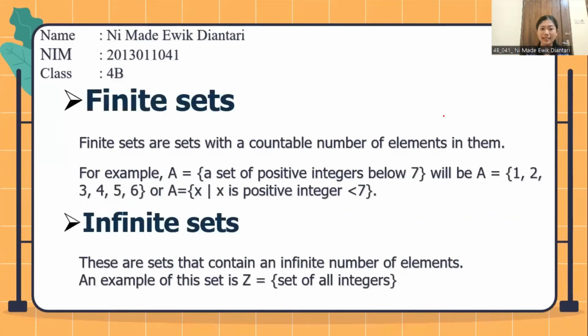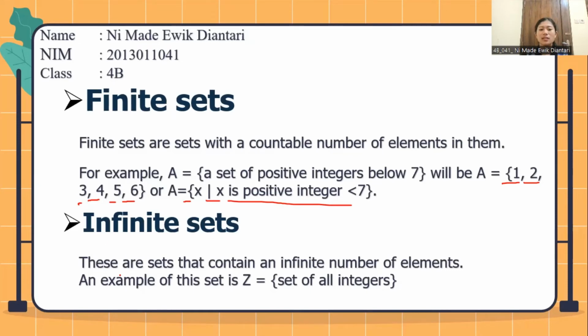Next, finite sets. Finite sets are sets with a countable number of elements in them. For example, a set of positive integers below 7 will be set A, which contains the elements 1, 2, 3, 4, 5, 6. Or A is the set of all x such that x is a positive integer less than 7. Next, infinite sets.